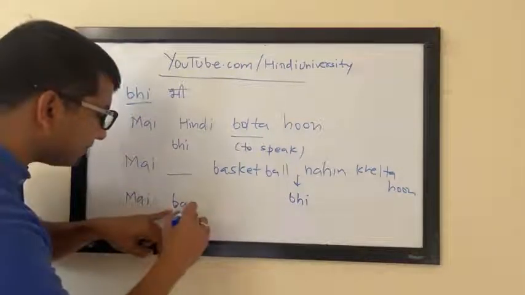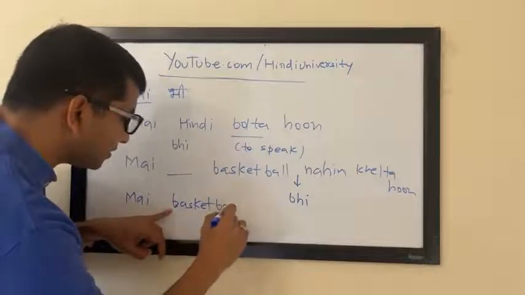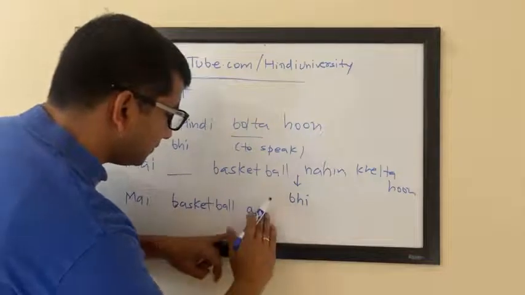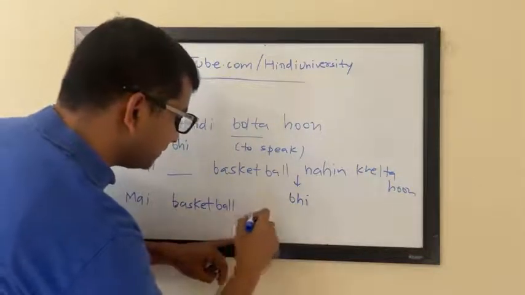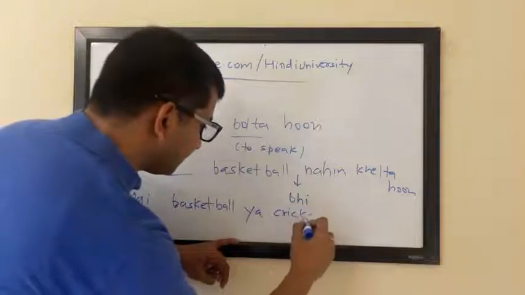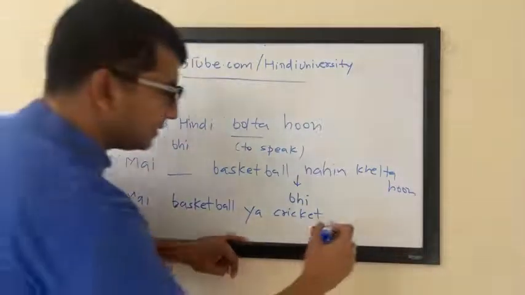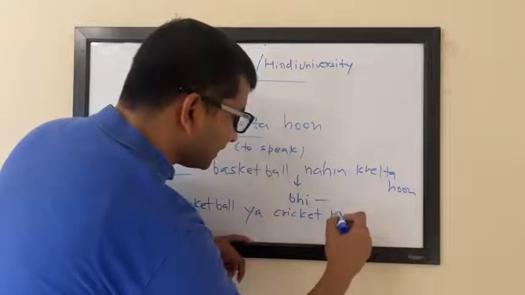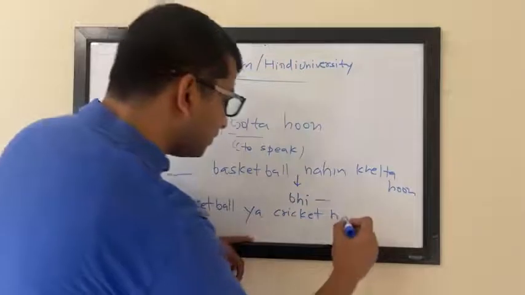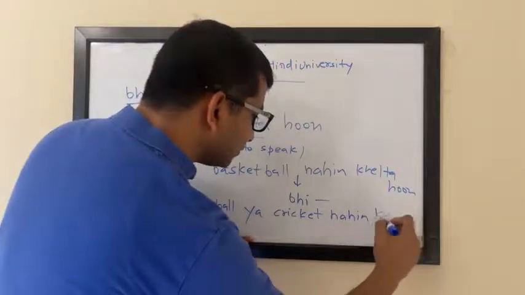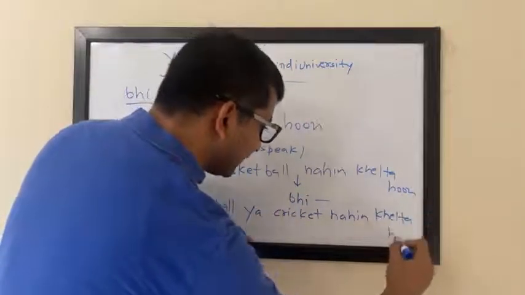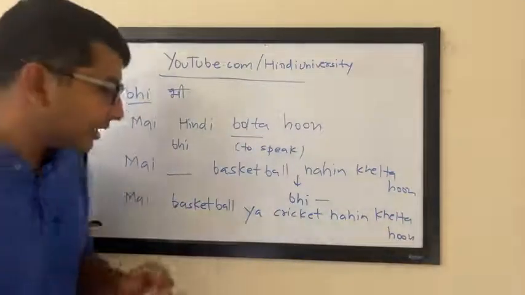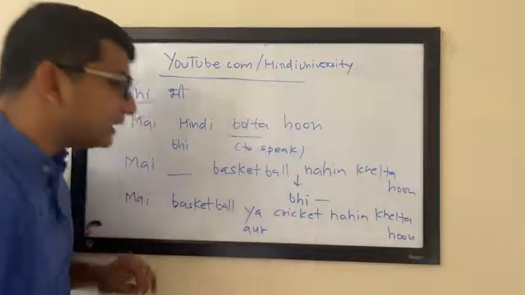So if the person is saying, let's say basketball, say it again. मैं basketball या cricket भी नहीं खेलता हूँ. I think there it is like an extra भी. If a person is saying मैं basketball या cricket नहीं खेलता हूँ. If anyone is saying, let's say I do not play either, I will say मैं basketball या cricket नहीं खेलता हूँ. या मैं basketball और cricket नहीं खेलता हूँ.